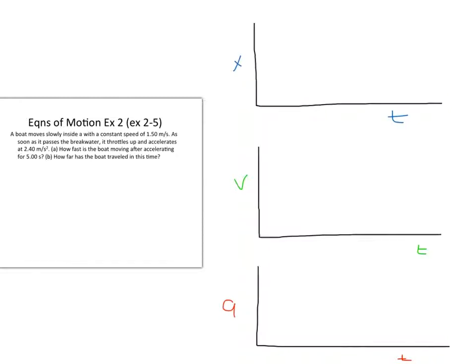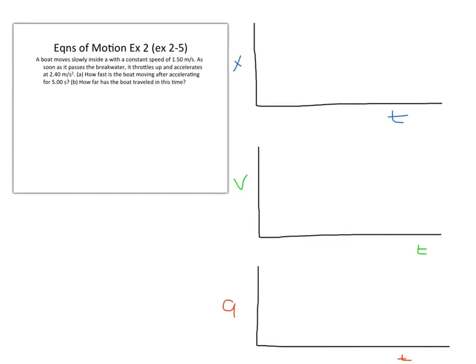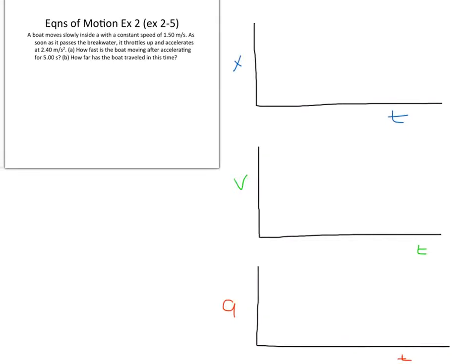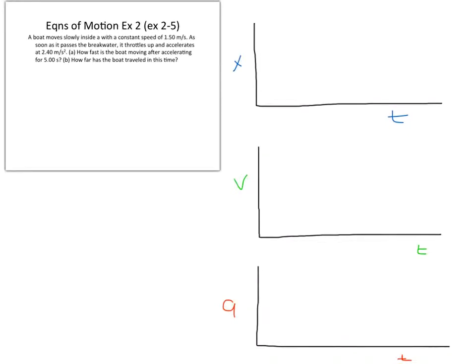All we're going to do right here is simply graph what this boat is doing, as it moves through the marina at a constant speed and then when it passes the breakwater. So let's just go back and read it real quick. A boat moves slowly inside a marina with a constant speed of 1.5 meters per second. Okay, constant speed.